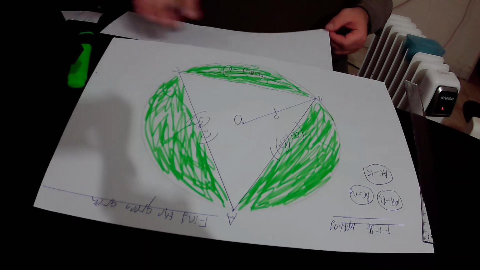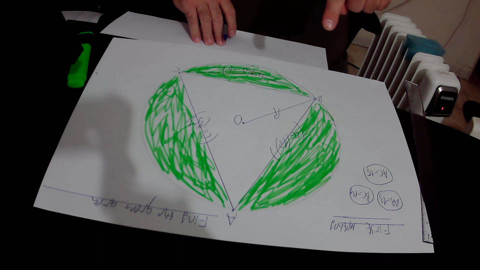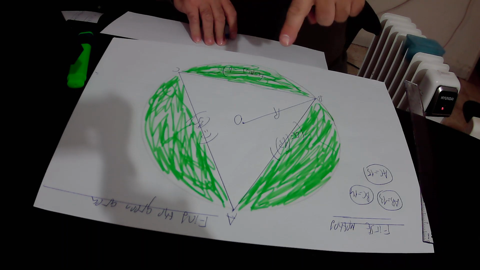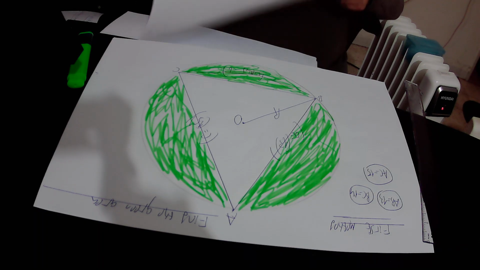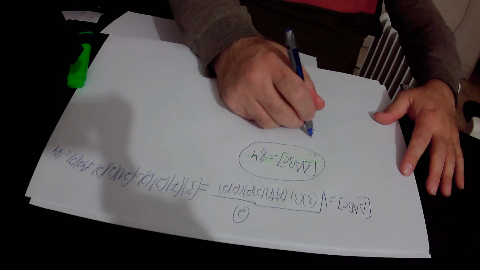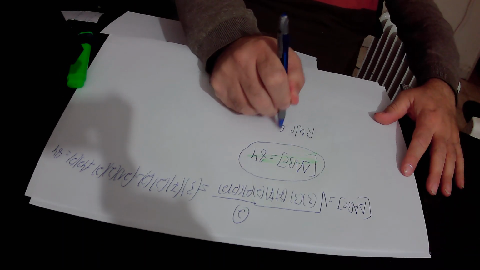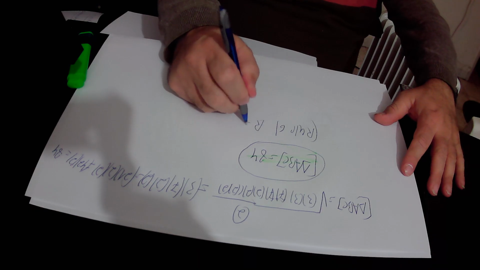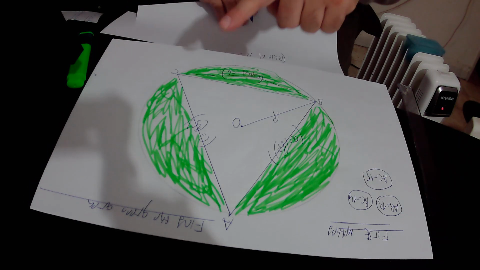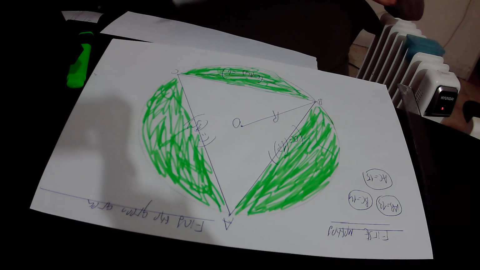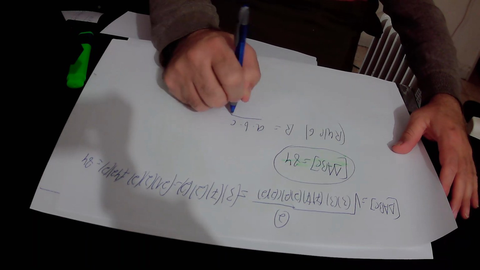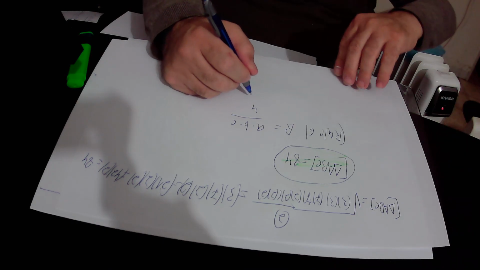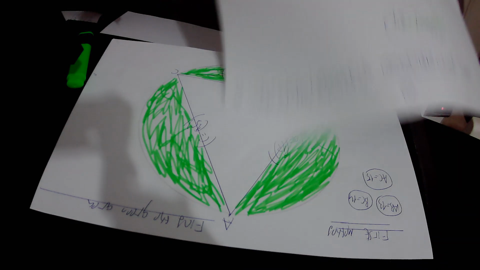So according to rule number 6, because in the drawing we have a circle that blocks triangle ABC, the radius R of this circle must be equal to A times B times C over 4 times the area of triangle ABC.